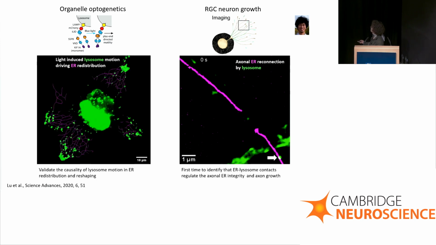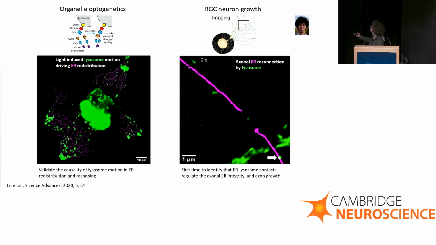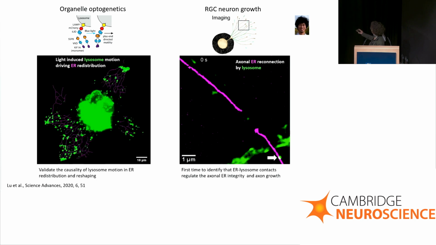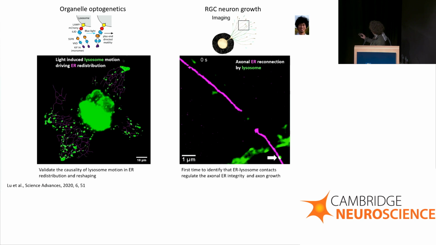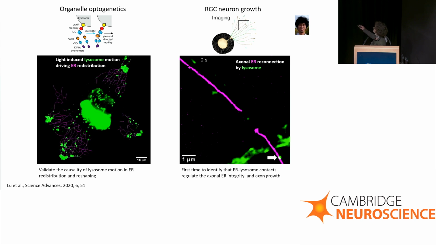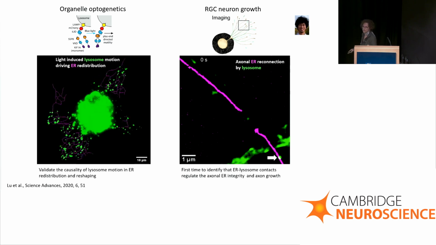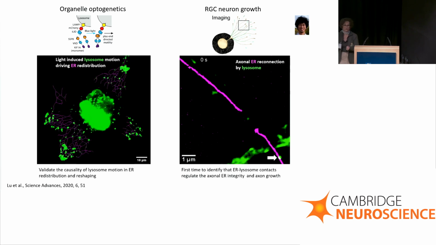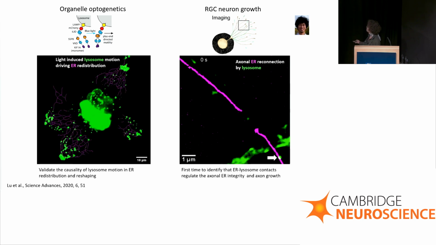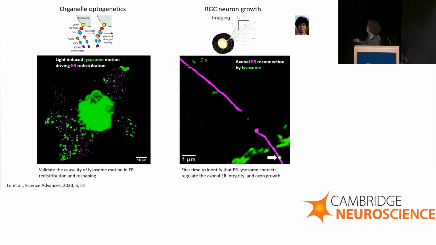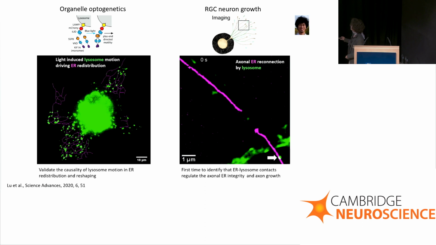And on this slide, on the right hand side, we used a similar imaging technique to show that in retinal ganglion cells, in the axon, which only consists of tubular ER, the lysosomes are important to fill some of these gaps that you see in the tubular ER.